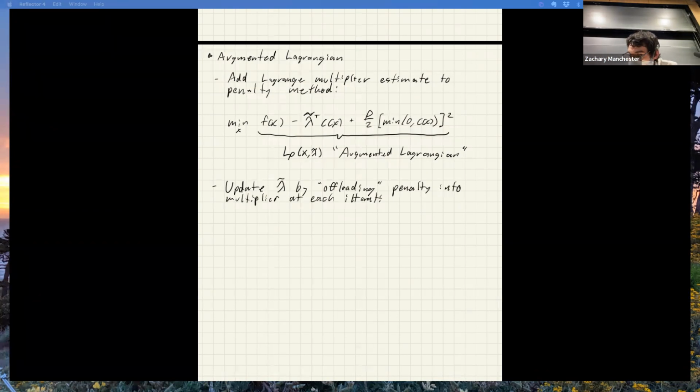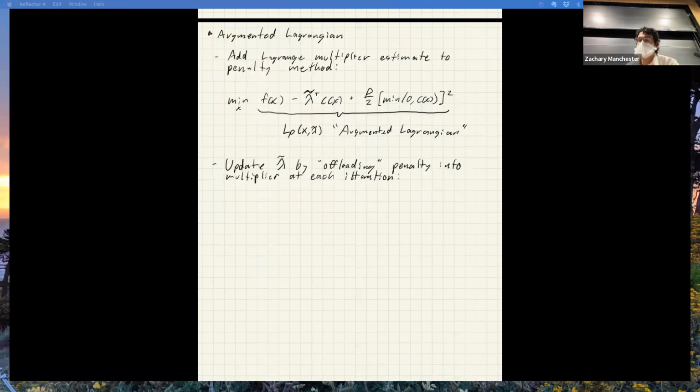Okay, so this is what this looks like. When I write down the first order necessary conditions for this minimization problem, gradient equals 0, here's what I get. I get partial f partial x minus lambda tilde times partial c partial x plus the penalty, which looks like rho c of x transpose partial c partial x, right?